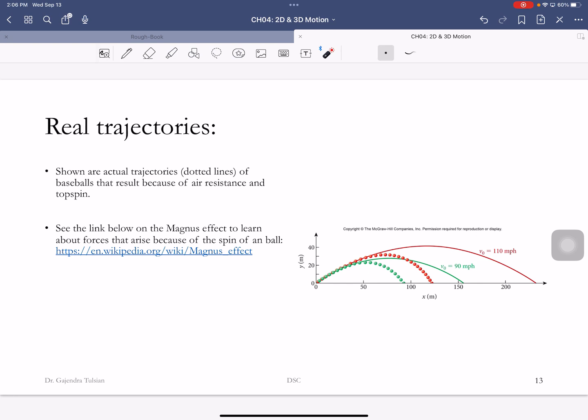So the spin of the ball generated a force in the downward direction, making it fall like that. Now, if you go on the moon and throw that same ball with the same spin, would that happen? No. The spin will not be able to catch any air, and the spin wouldn't affect the trajectory. That's called the Magnus effect.